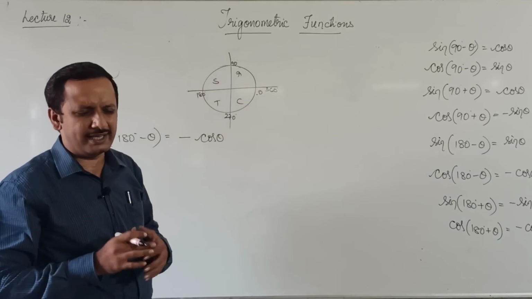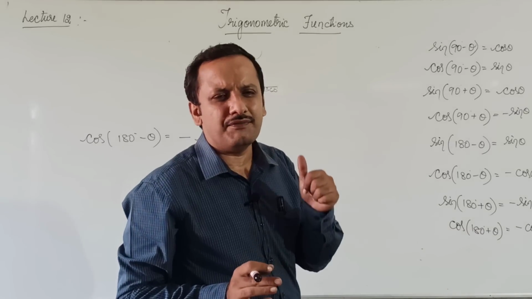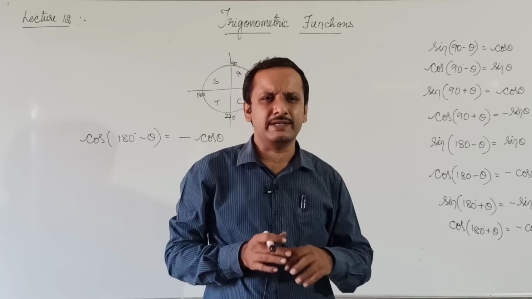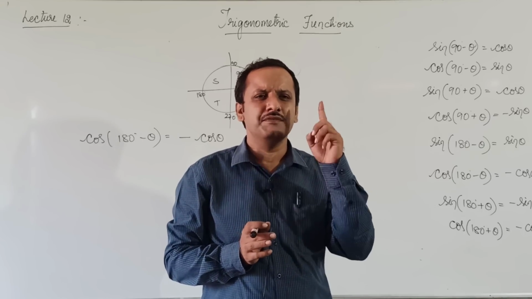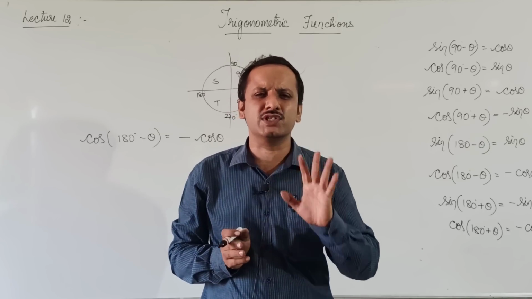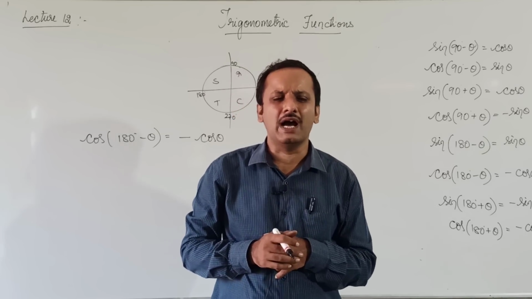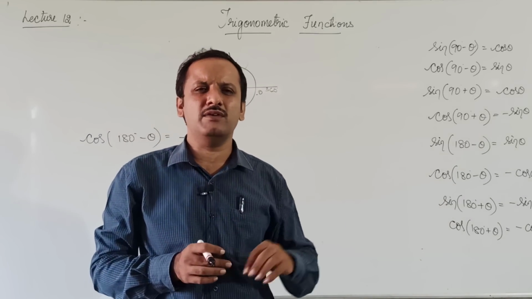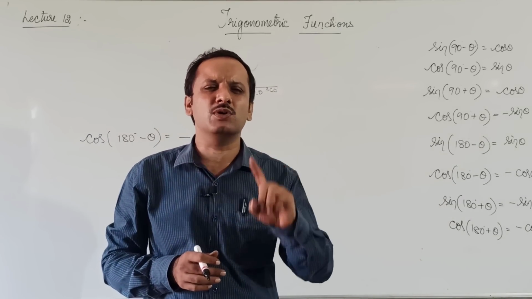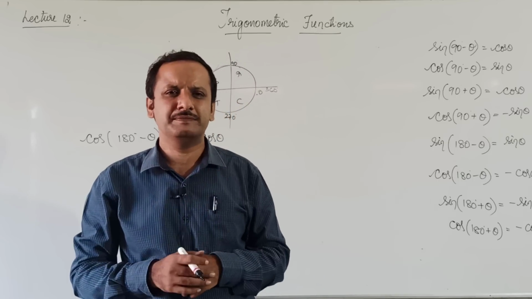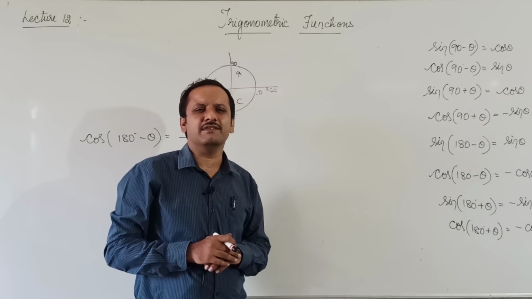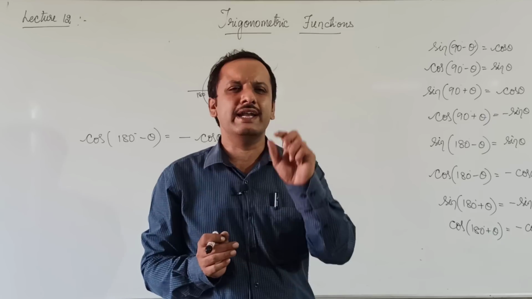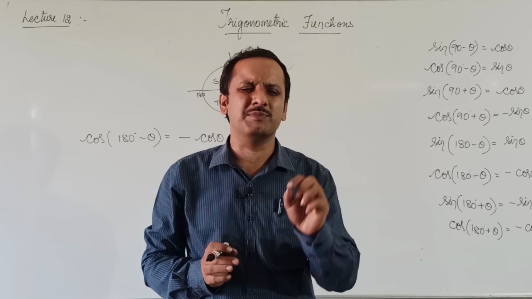Okay, I will tell what that rule is. The first thing you have to identify is which quadrant the angle lies in. Okay, there are three steps. First step, identify which quadrant it lies in. After that, in the second step, you observe whether the given function is positive or negative in that quadrant, and write the suitable sign, whether positive or negative.